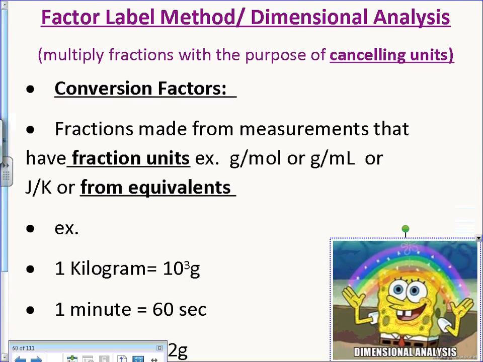So we use conversion factors. Factors sounds like fractions, kind of, and that's what we're going to be using the whole time, fractions. Numerators are on top of a fraction, denominators on the bottom of a fraction.